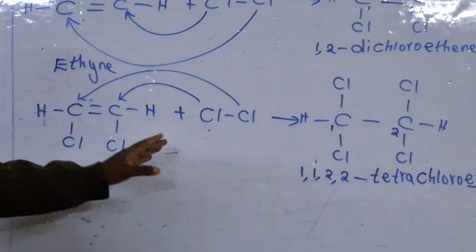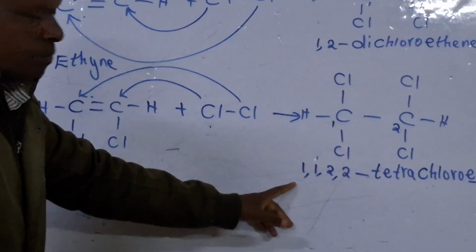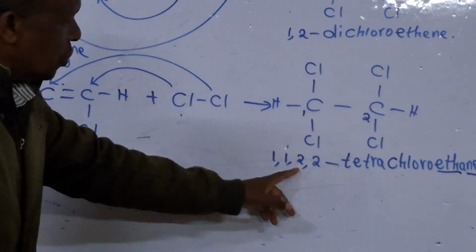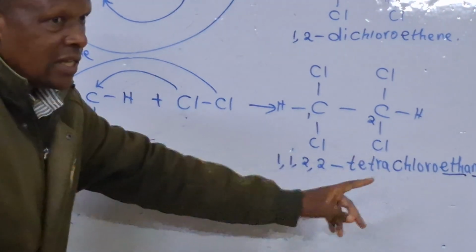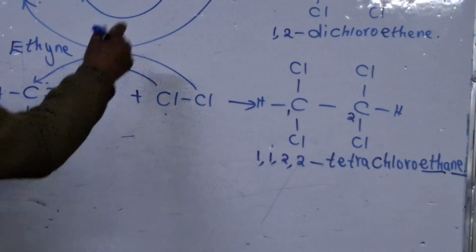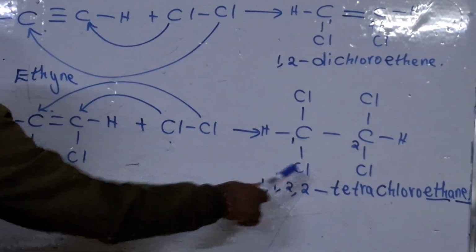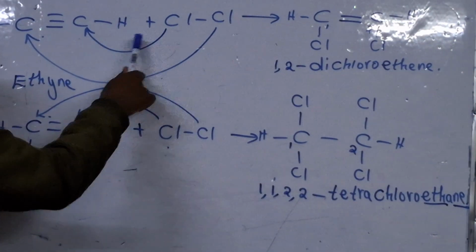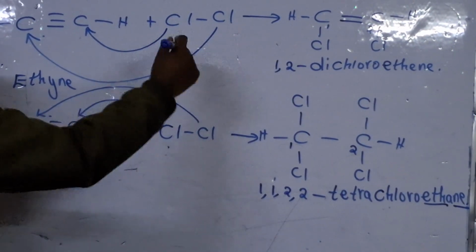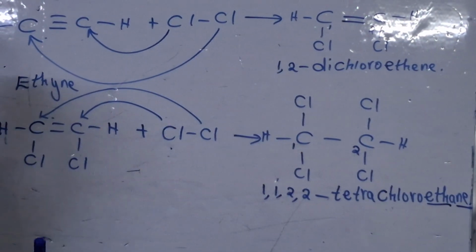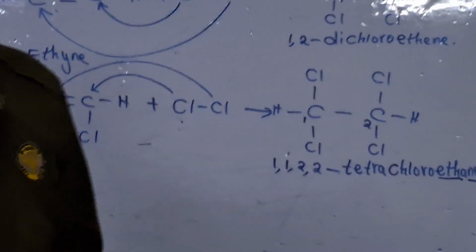When 2 moles of chlorine molecules are added, what do you form? 1,1,2,2-tetrachloroethane. So in the equation, you could be having 2 directly. It means you start with this and you form this directly. But if this one is only 1 mole, that is, you have been given C2H2 alone, then this is the product. We proceed in our next class.